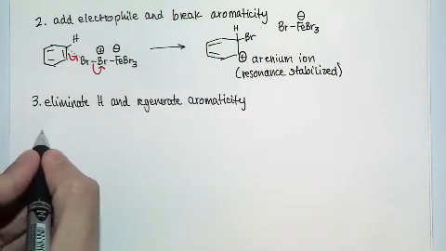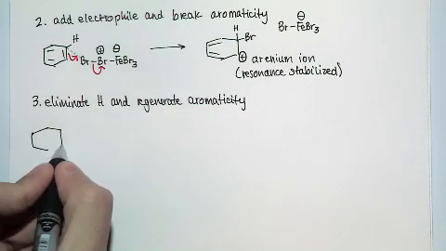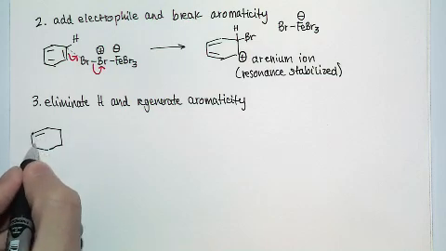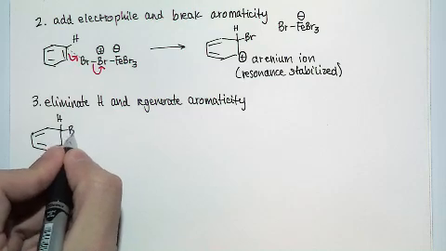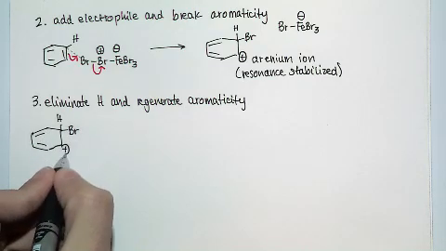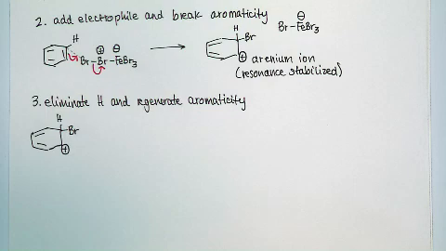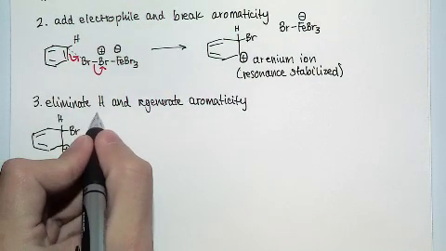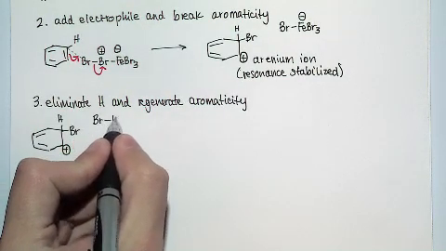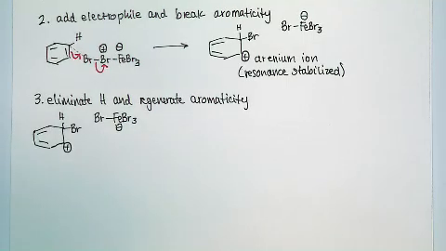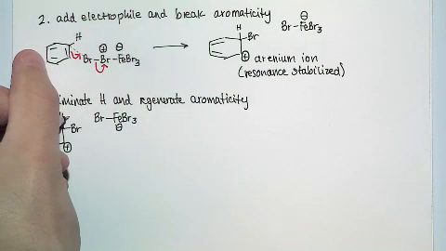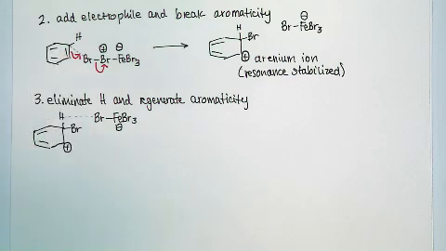So we have our arenium ion, and we're actually going to use our iron bromide thing to do this elimination. So we're going to make a bond between the hydrogen and the bromine.